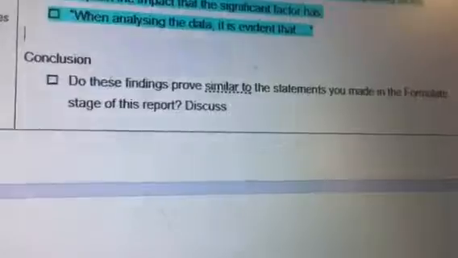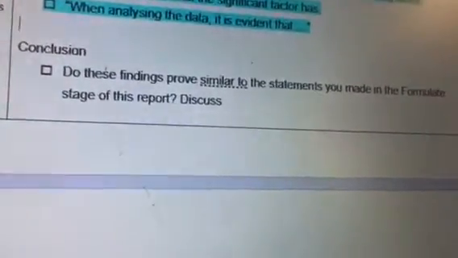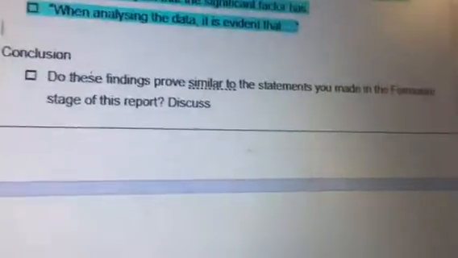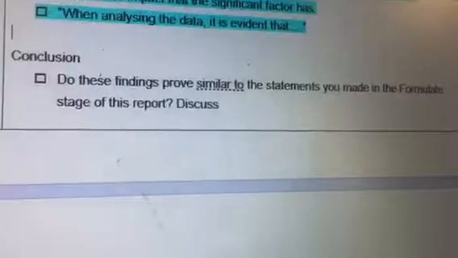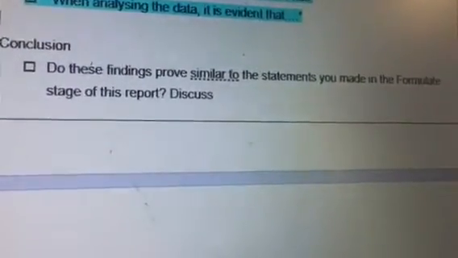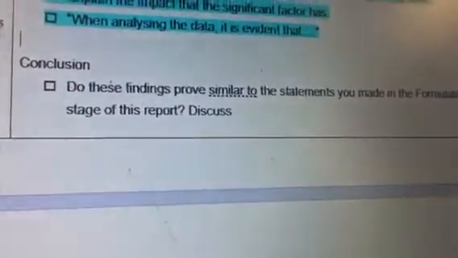Okay, so in the formulate stage, it was stated that numerical data is better suited to mean and median. Throughout this report, this was proven because the mode was unreliable, or I had no mode, or I had lots of modes.